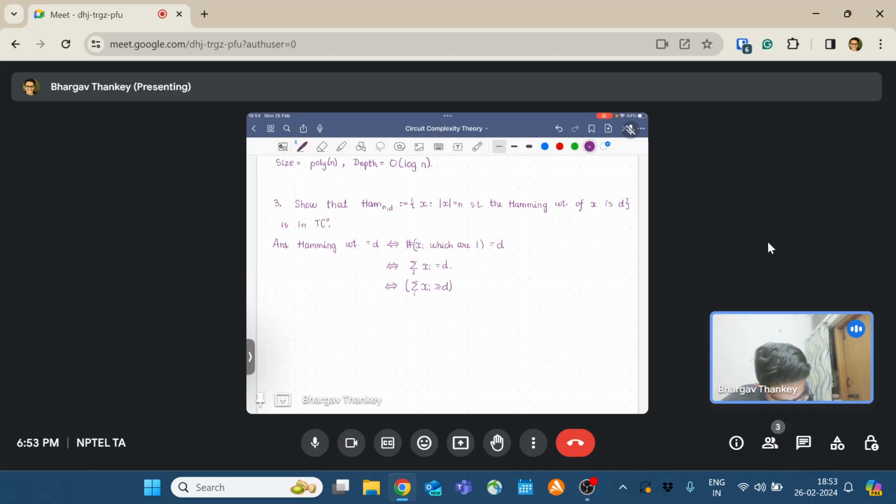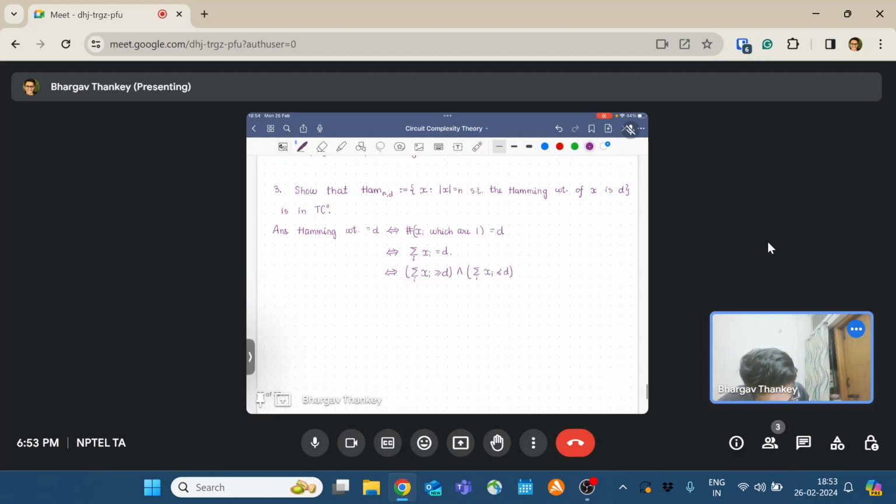So this is in the form of a threshold gate, but this isn't, right? How can you convert this into a threshold gate? Negating. So it's sum over i of xi greater than or equal to d, and sum over i of minus xi greater than or equal to minus d.